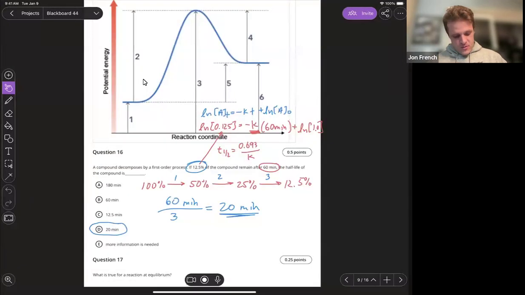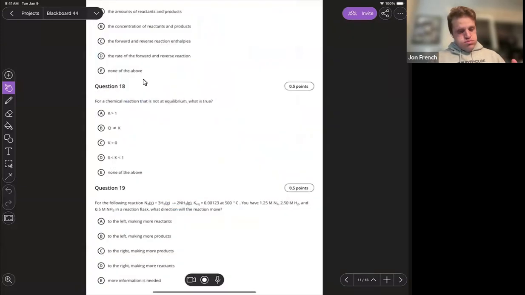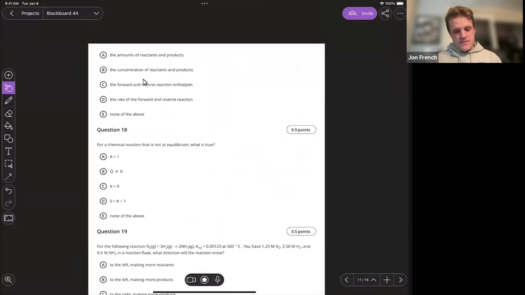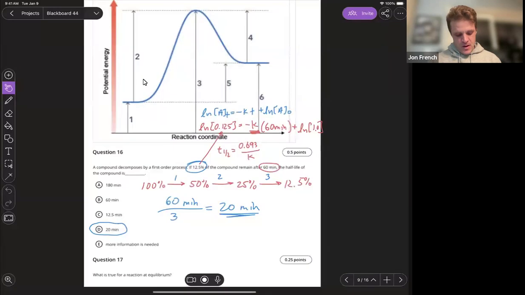Keep doing that. Right. So question 17, what is true for a reaction at equilibrium? At equilibrium, what is true, right? The amounts of reactants and products. I got to read the question again.